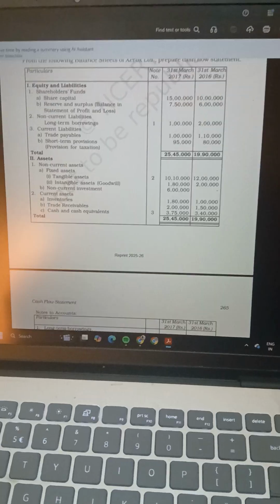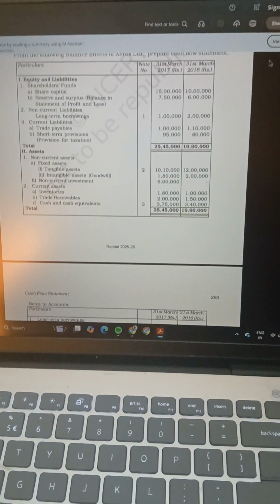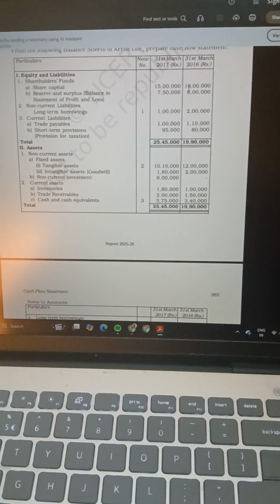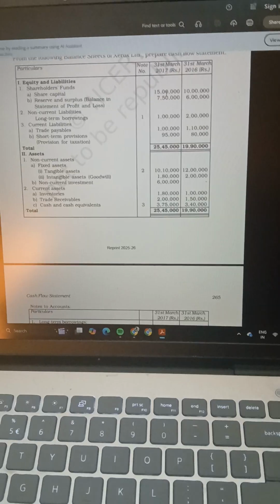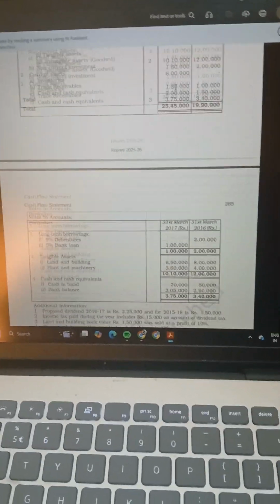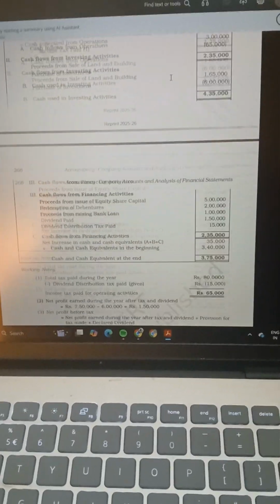Here it is. The previous year, the equity share capital is 10 lakh, and this year it is 15 lakh. Now move on to the preparation of the equity share capital account.